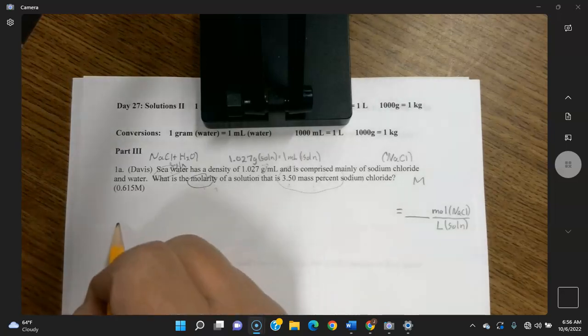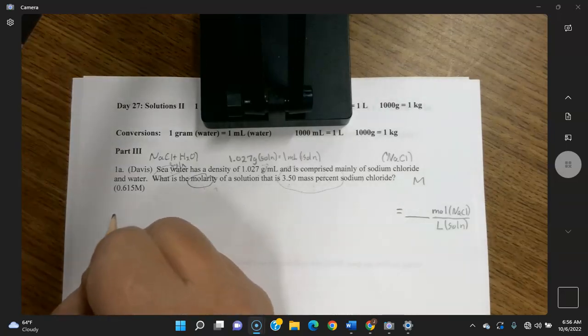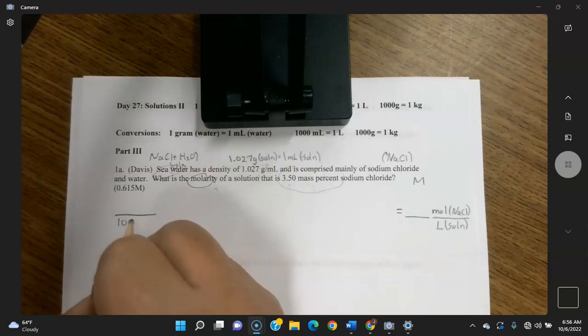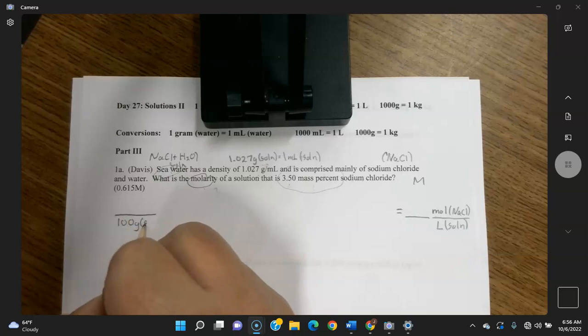It could be a milliliter, it could be 100 gallons, okay? It can be anything. So what we're going to do, and we mentioned this yesterday, is we're going to choose 100 grams, okay? So I'm going to come way over here because we don't know how much space we're going to need. And we're going to choose, in the denominator, 100 grams of solution. That's the seawater.